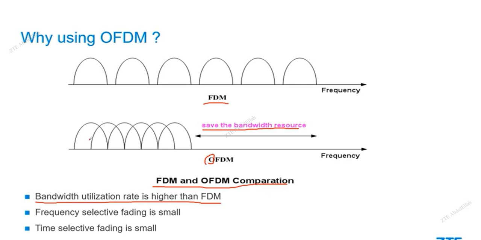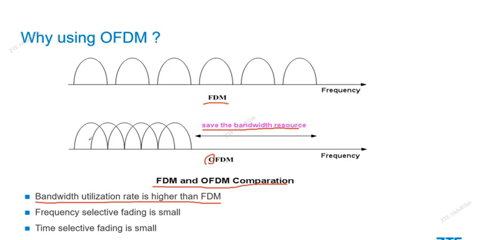Just like, for example, if you play piano, if you play do, re, mi, re, do. If the interval between do and re is very big, you can very easily hear the sound increase or decrease.